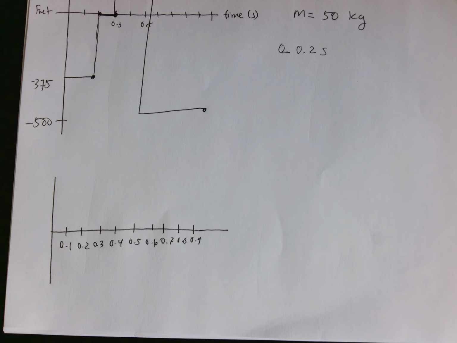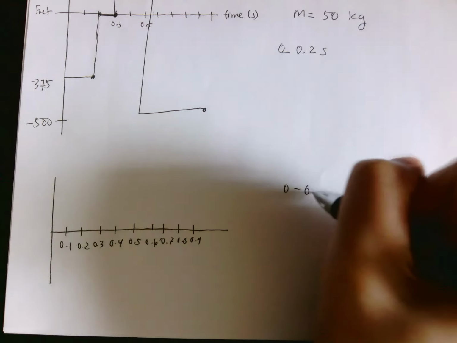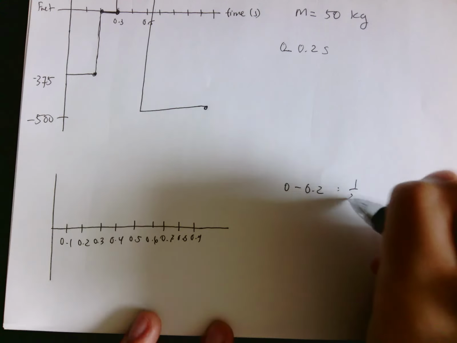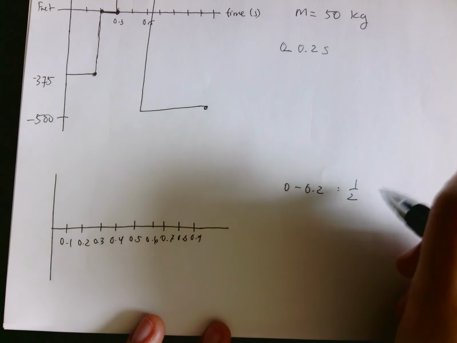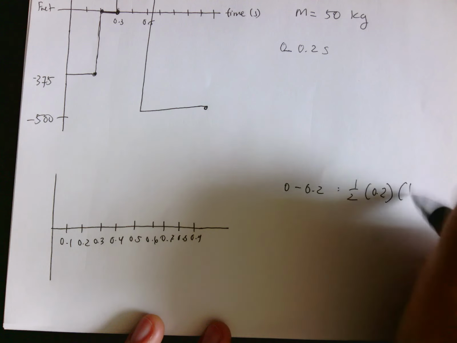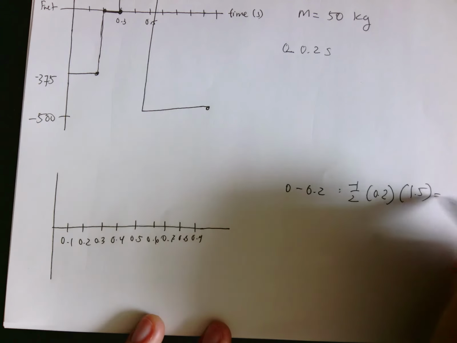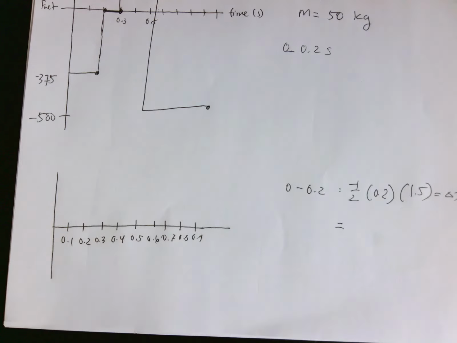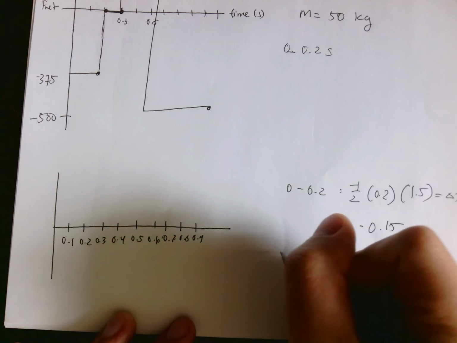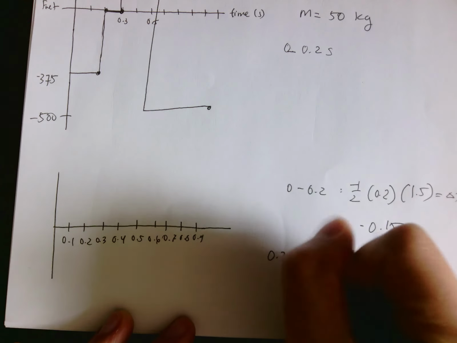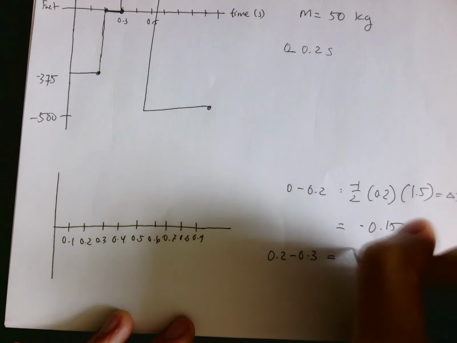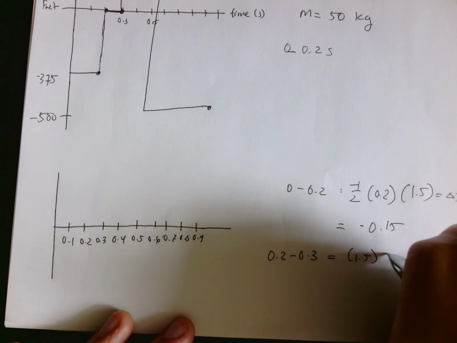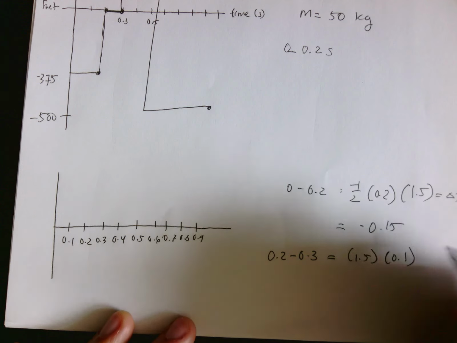From 0 to 0.2 seconds, the triangle area is 1/2 times 0.2 times 1.5, and this is negative, equal to delta x, which equals negative 0.15. Then from 0.2 to 0.3, it's 1.5 times 0.1, which is equal to delta x, which is negative 0.15 again.